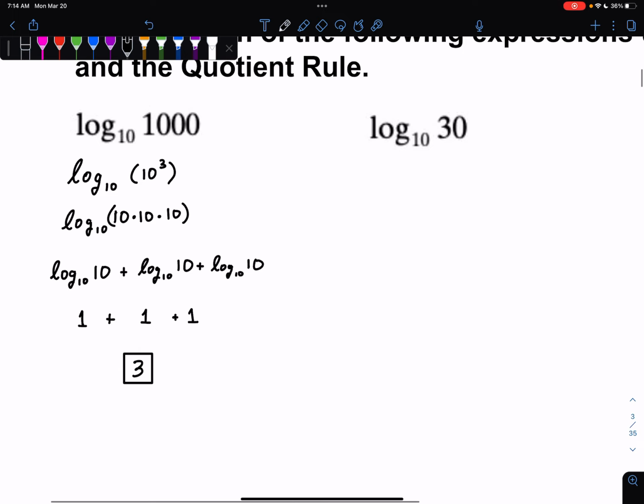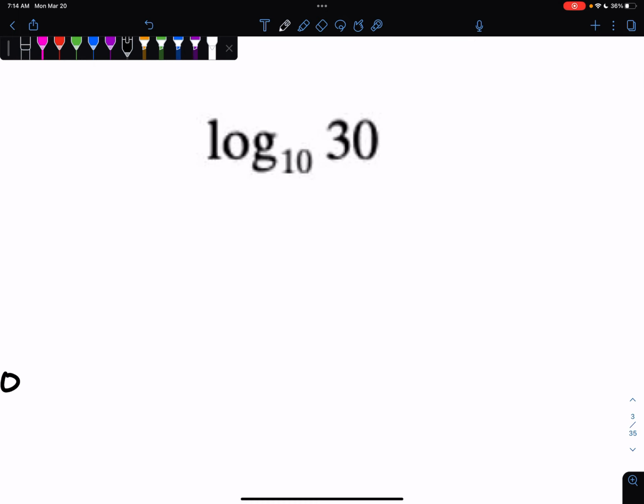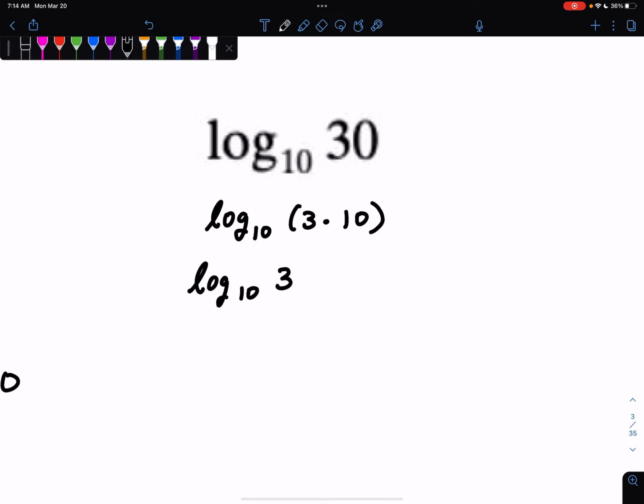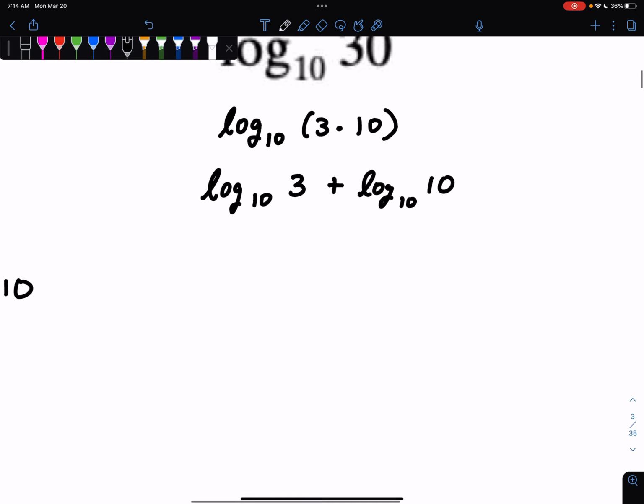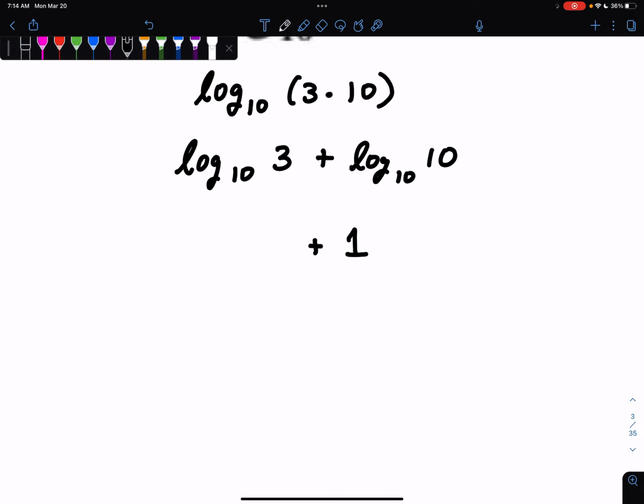Okay, for the second one, over here in the middle, we're going to also break this into the factors. Log base 10 of 3 times 10. This is log base 10 of 3 plus log base 10 of 10. Okay, so you're going to have a plus 1 over there. Log base 10 of 3, this one I am going to need to use my calculator for.